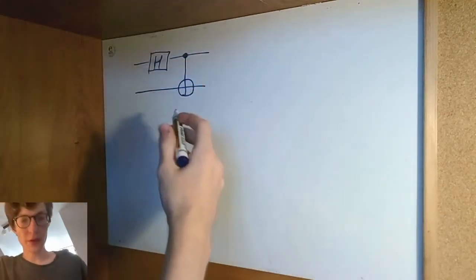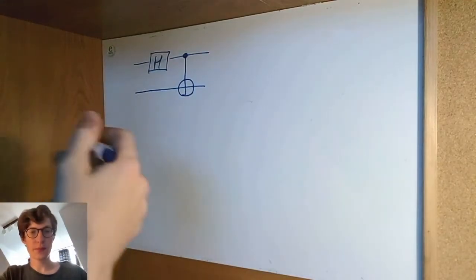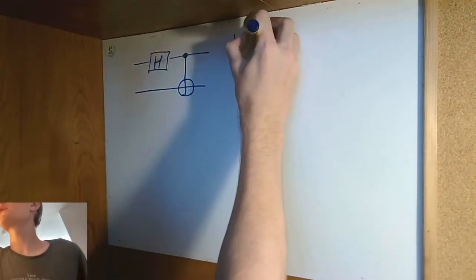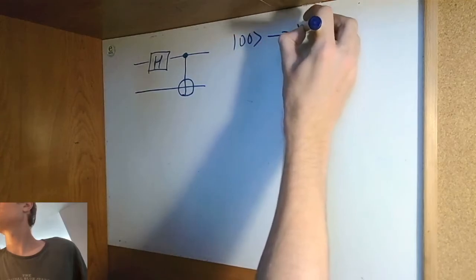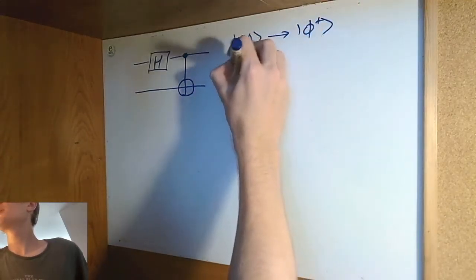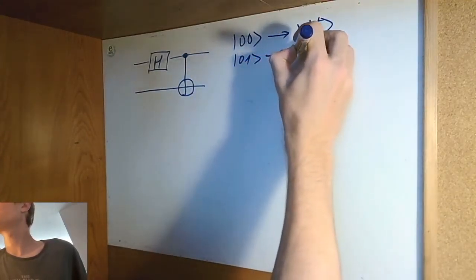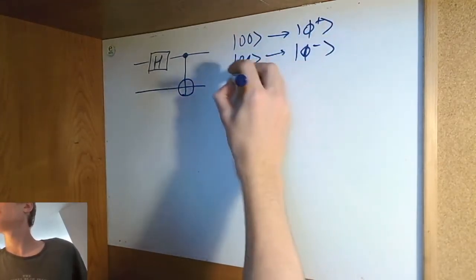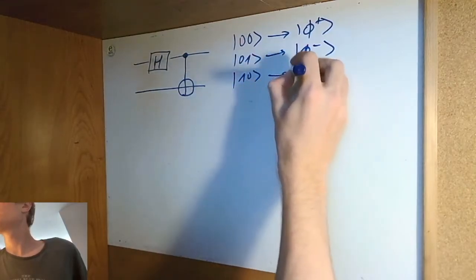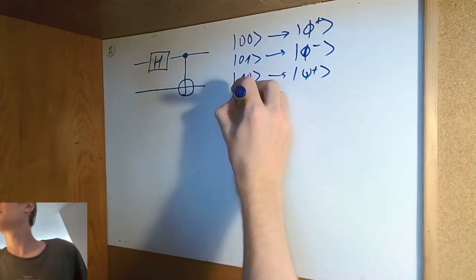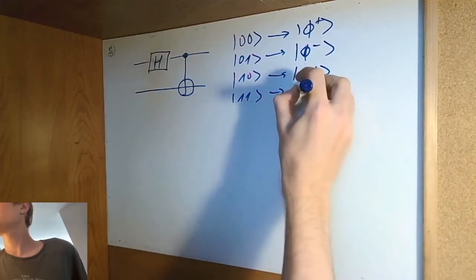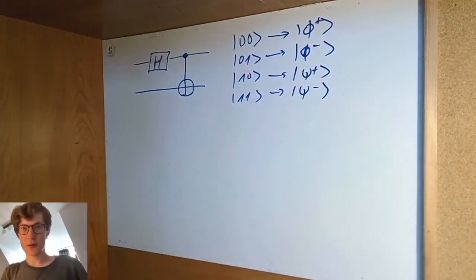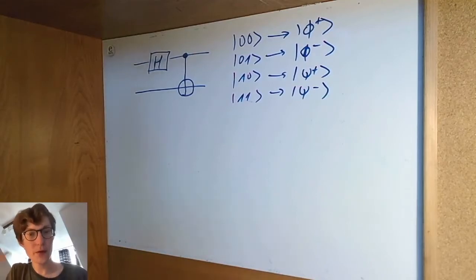I mean, this circuit, right, that we know from previous lectures, transforms 0, 0 to phi plus, 0, 1 to phi minus, 1, 0 to psi plus, and 1, 1 to psi minus, right? So this is the reverse transformation that we want to get. So we want this one to reverse.